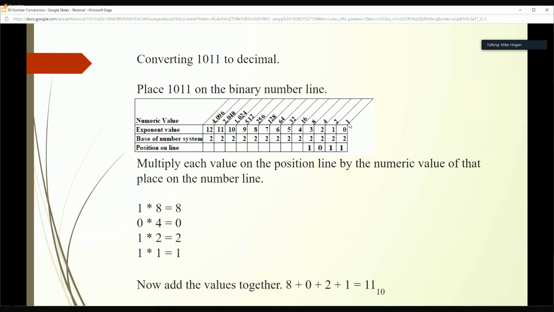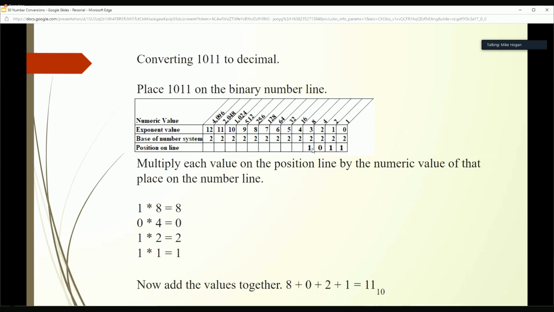It's helpful to be able to recreate this number line at first, but it doesn't take long before you can just say, I know the values of these binary columns: 1, 2, 4, 8. I can start here and just double, 1, 2, 4, 8, and begin to add those up to figure out what the value is going to be.